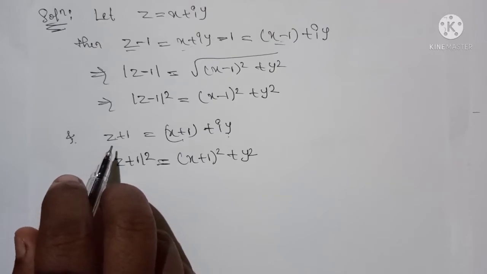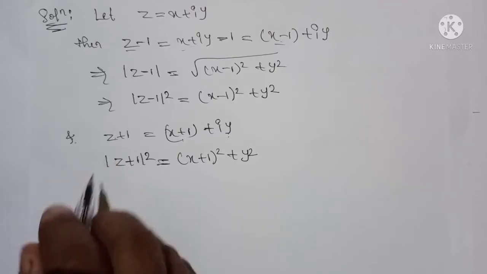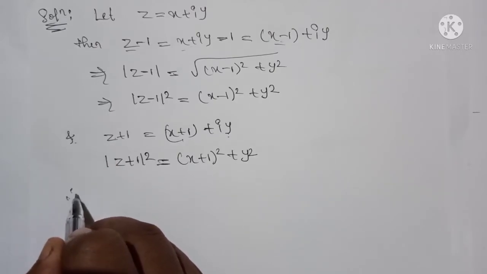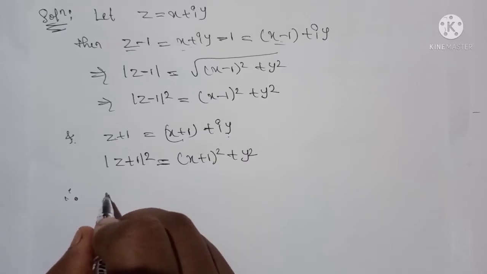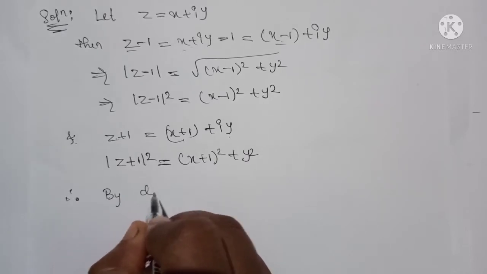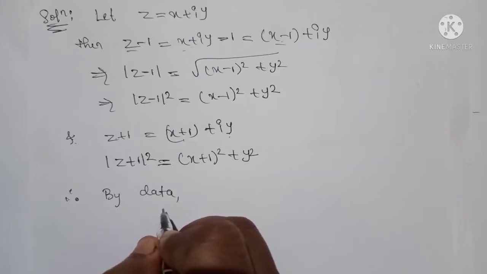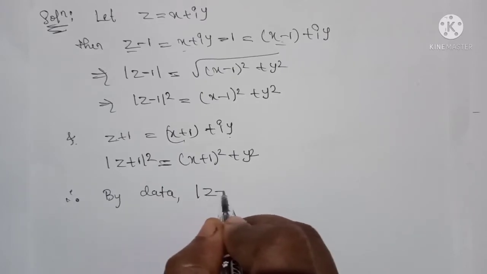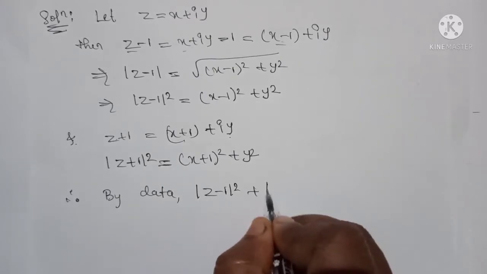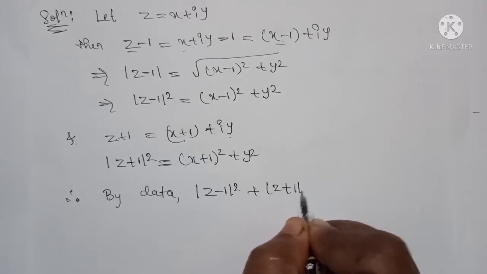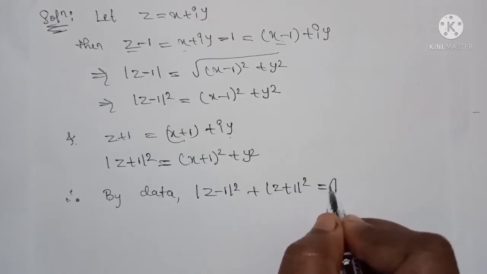Now consider the given relation. We have mod z minus 1 whole square plus mod z plus 1 whole square equal to 4.